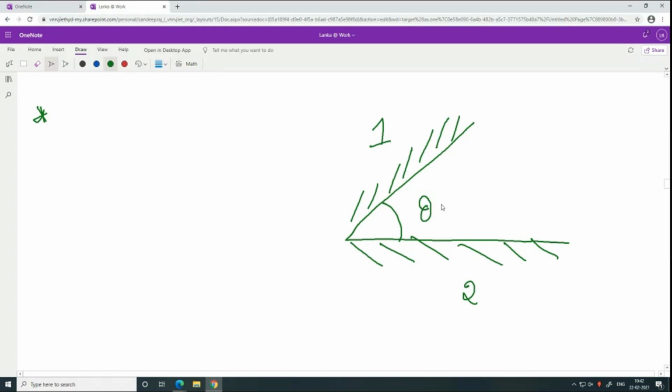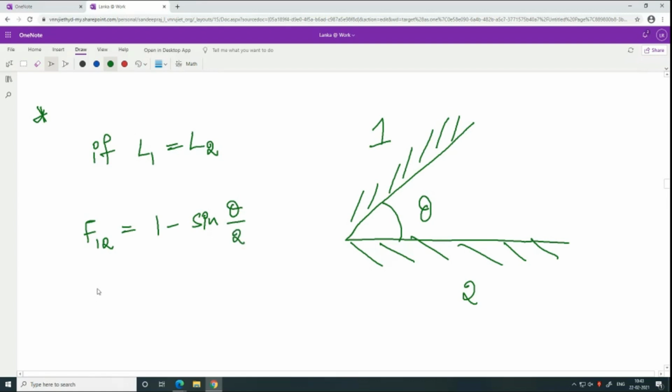Now here we have an inclination. If L1 is equal to L2, then F12 will be equal to 1 minus sine theta by 2.